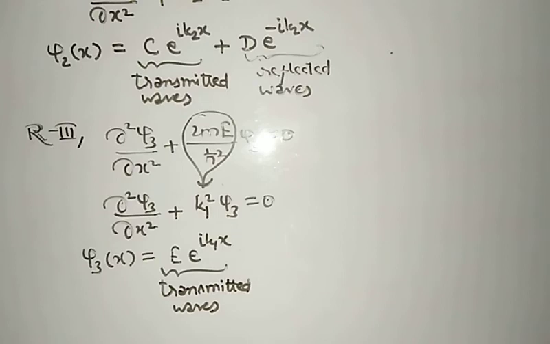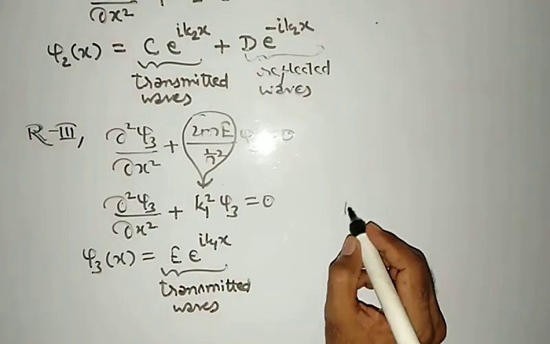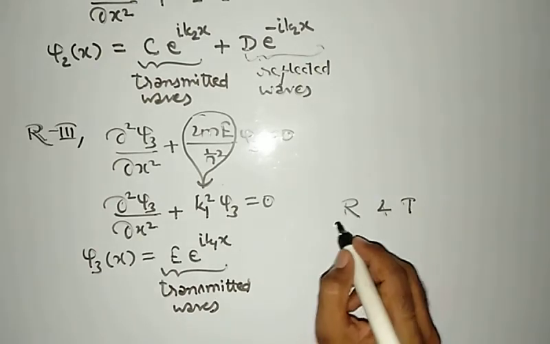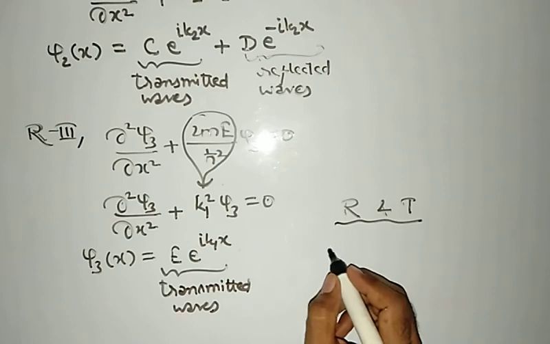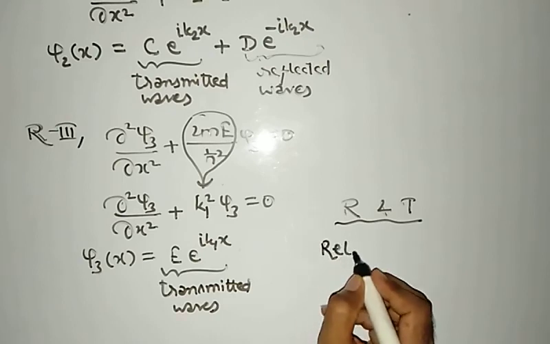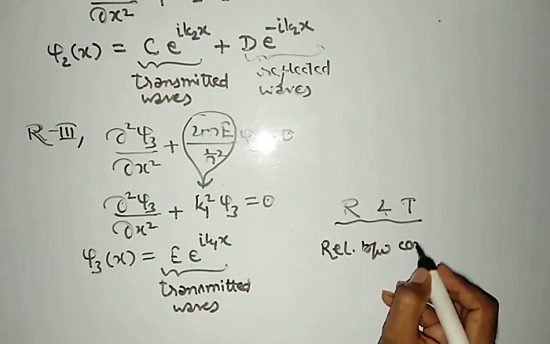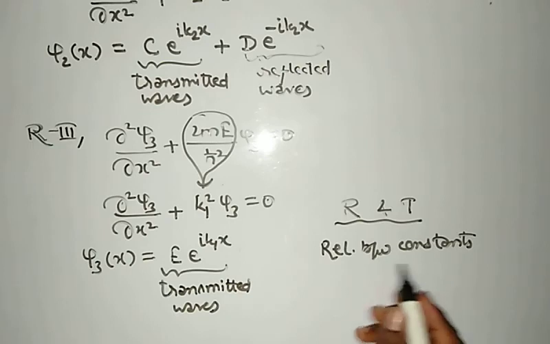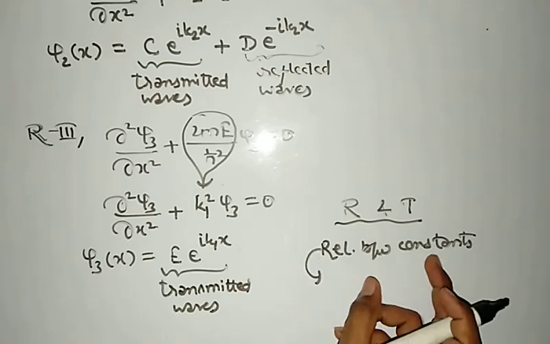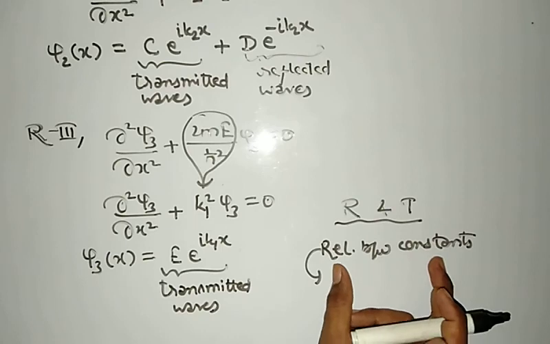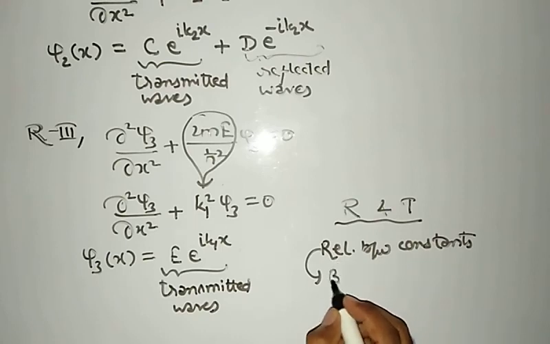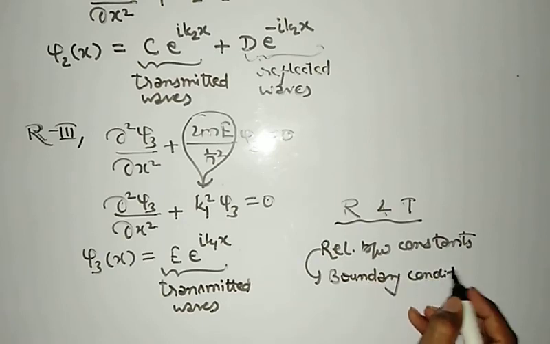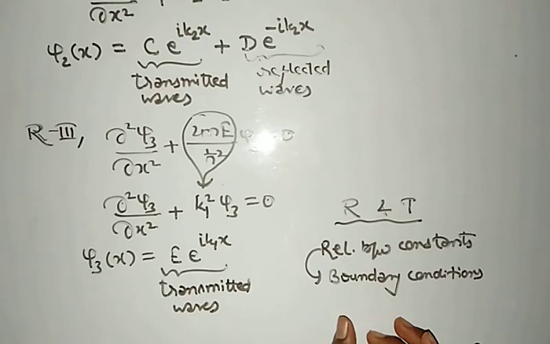Now to calculate R and T, we need the relation between constants, and for the relation between constants we will use boundary conditions, as we have used in the potential step also.